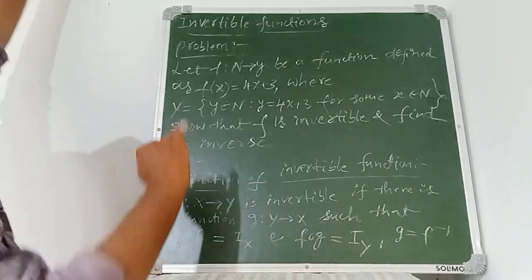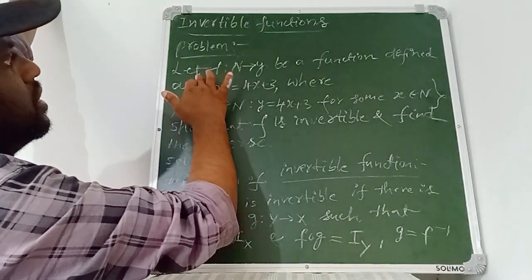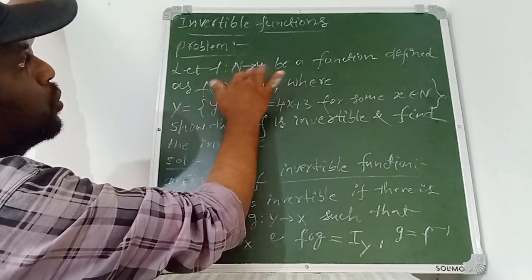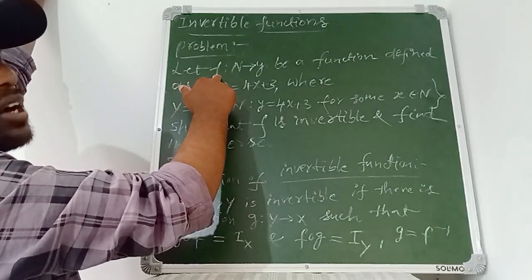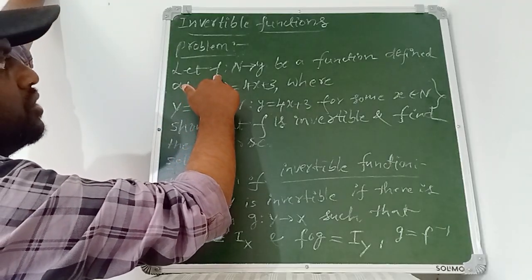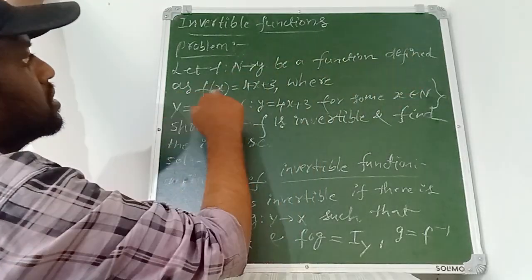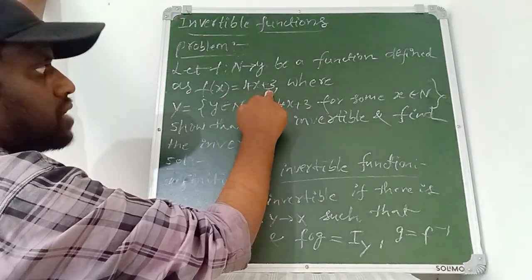Listen carefully. Let f: N → Y be a function defined as f of x is equal to 4x plus 3.